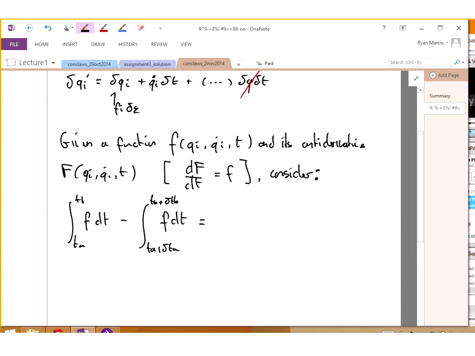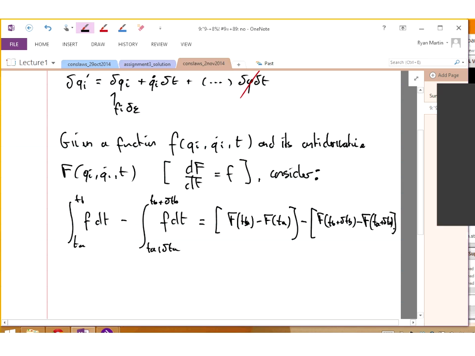So very generally, that's equal to, if I look at the first integral, big F evaluated at Tb minus big F evaluated at Ta, minus big F evaluated at Tb plus delta Tb minus big F evaluated at Ta plus delta Ta.